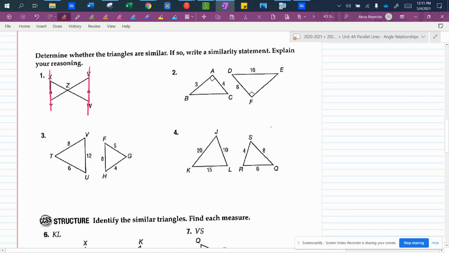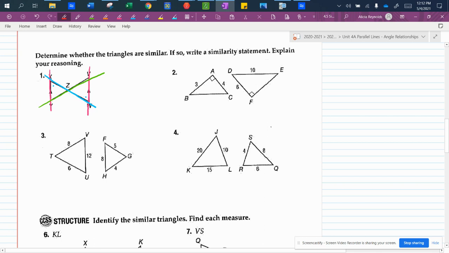Because those lines are parallel, that creates this transversal here and this transversal here, to where now I have alternate interior angles and I have vertical angles, right?